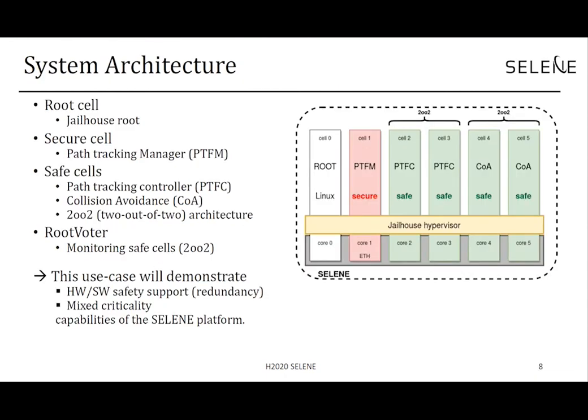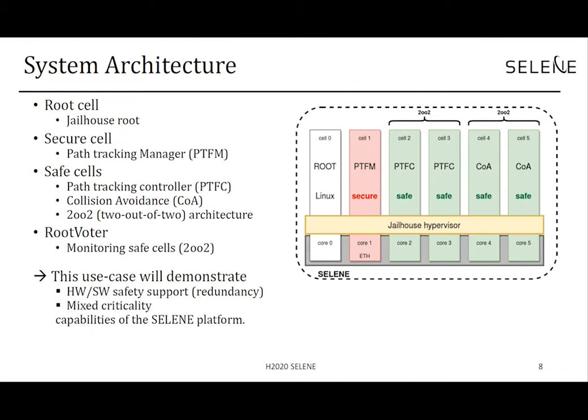Okay. Now a closer look at the SELENE board, where we want to show the capabilities of SELENE, of course. So we will divide the cores. We have a 6-core system there, divided into the following functions. For the Jailhouse hypervisor, as Carlos said, we will use the Jailhouse hypervisor to partition the system.